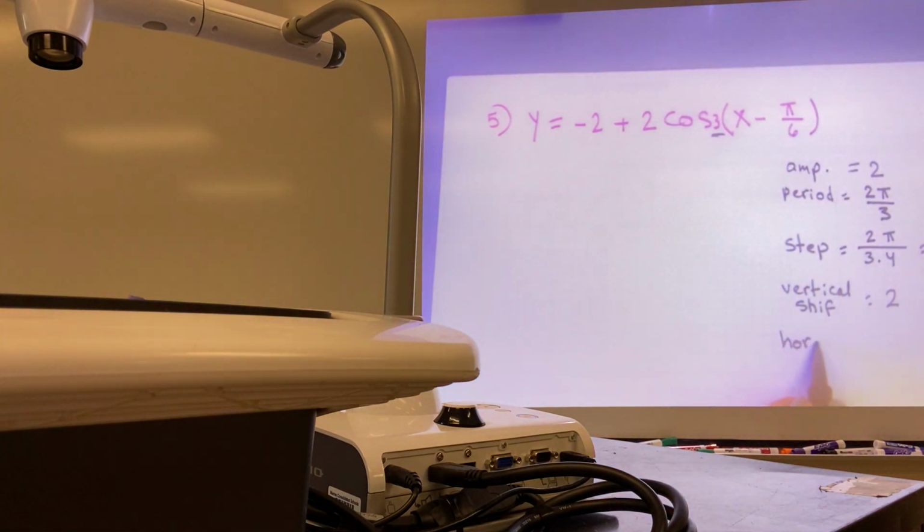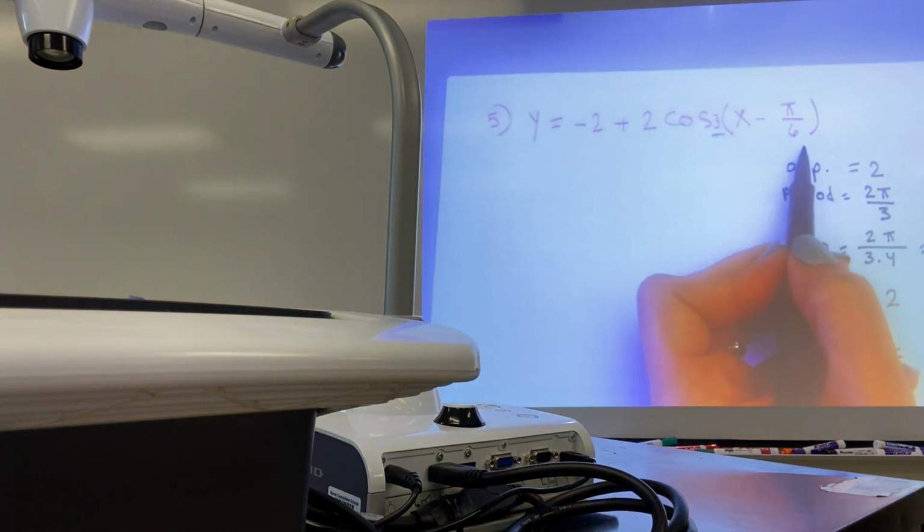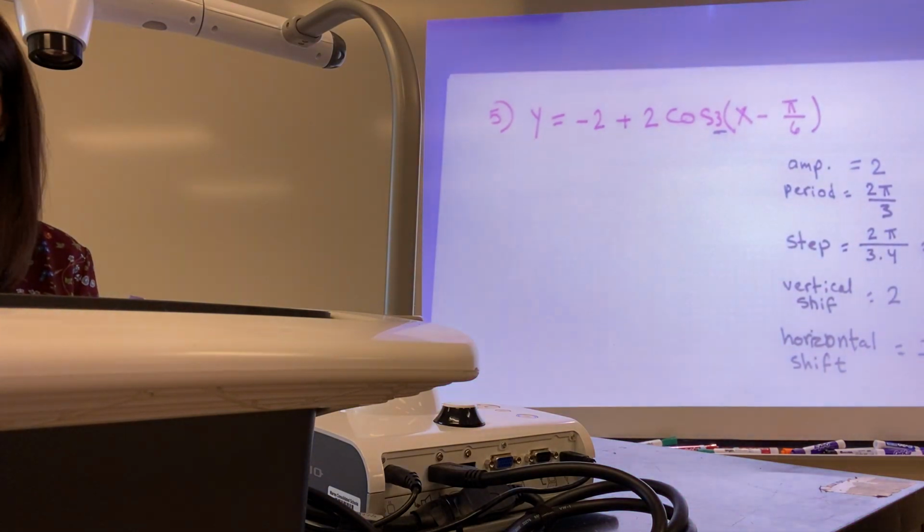Horizontal shift or phase shift is, as you see, negative pi/6, so we're going to say it's pi/6 to the right. Okay, so my graph will be shifted 2 units down and pi/6 to the right.